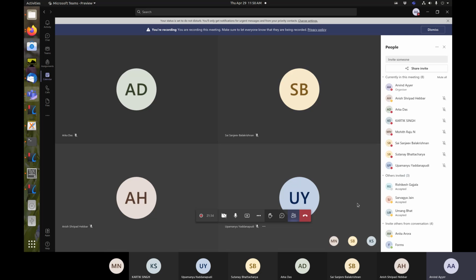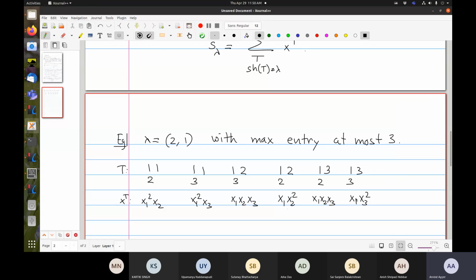Yes? 2, 2, 3 and 2, 3, 3. Very nice. I was trying to catch you on that. So it doesn't need to start with 1 either. So x2 squared, x3, and x2, x3 squared. And I think that's all.